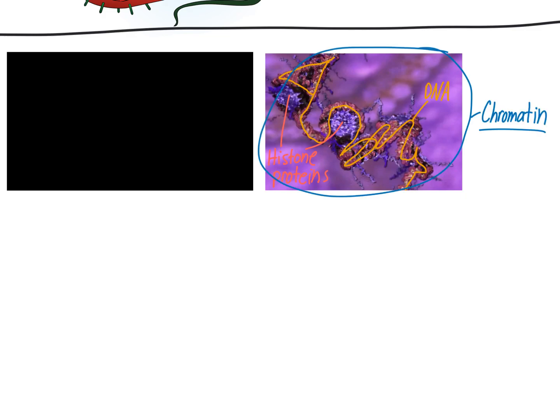This structure that you saw in the video contains DNA, histone proteins, and other scaffolding proteins not shown, and is known as chromatin. Which is what chromosomes are made of.